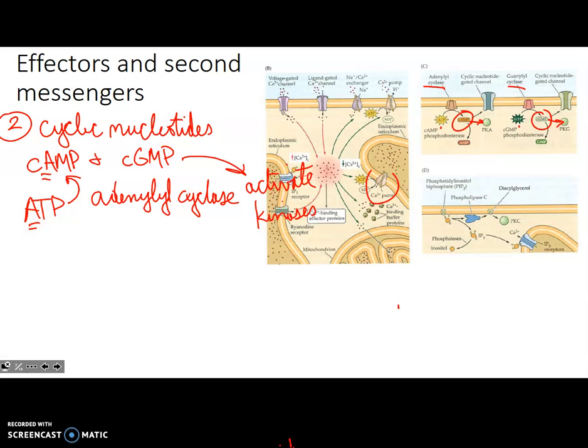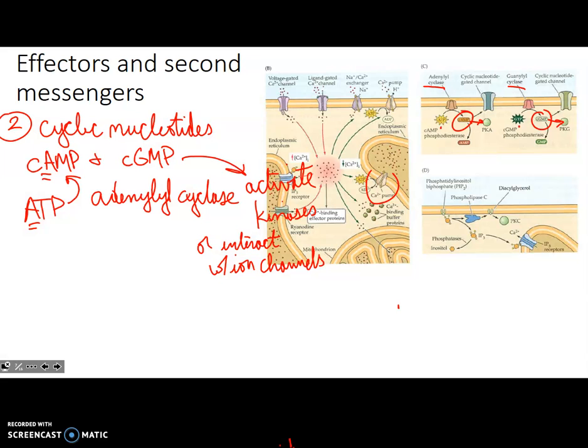Another effect of these cyclic molecules, these cyclic nucleotides, is that they can bind ligand channels directly. So activate kinases or interact directly with ion channels. Okay?